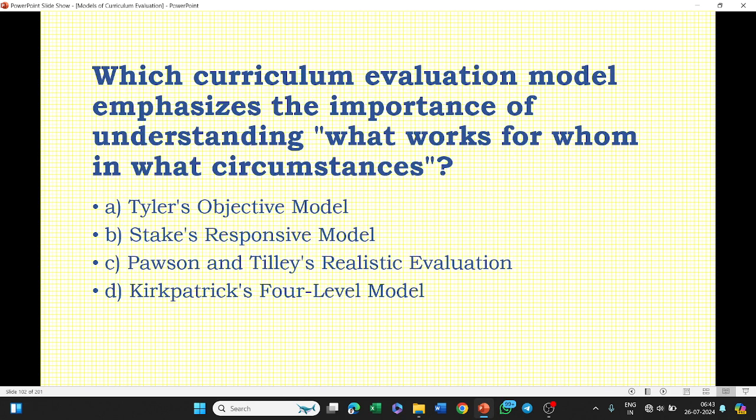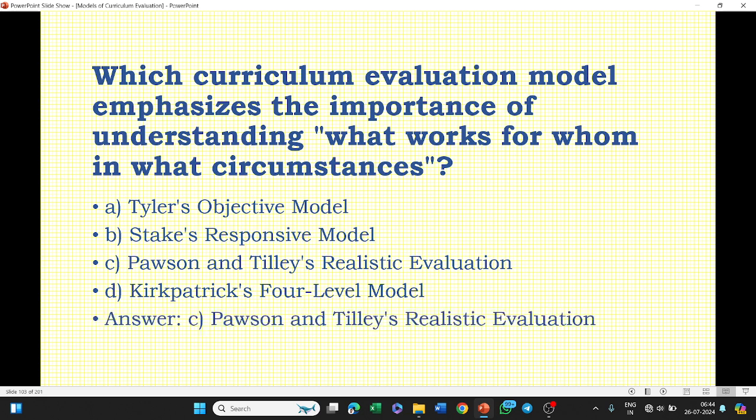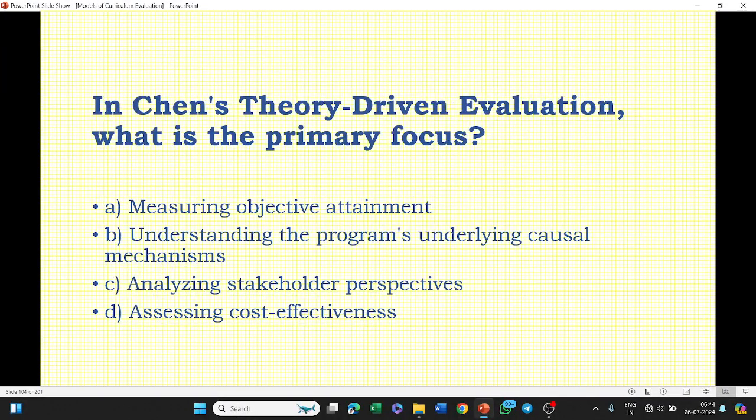Next, which curriculum evaluation model emphasizes the importance of understanding what works for whom in what circumstances? Options: Taylor's objective model, Stake's responsive model, Pawson and Tilley realistic evaluation, Kirkpatrick's four-level model. Answer of this question is option C, that is Pawson and Tilley realistic evaluation.